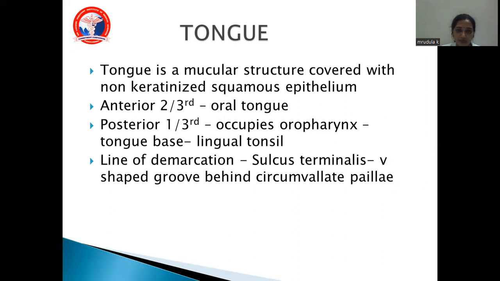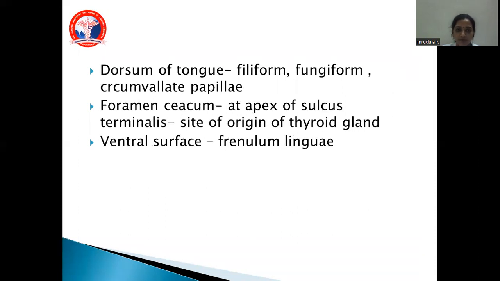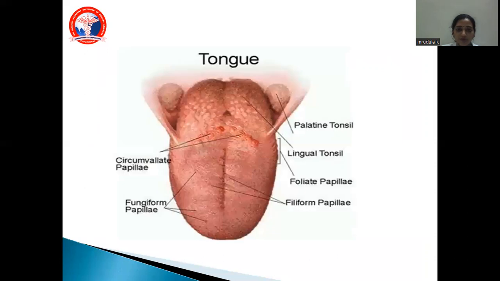There is a line of demarcation known as the sulcus terminalis, which is a V-shaped groove behind the circumvallate papillae. The dorsum of the tongue is covered by filiform, fungiform, and circumvallate papillae. There is a foramen cecum at the apex of the sulcus terminalis, which is the site of origin of the thyroid gland, and on the ventral surface there is a frenulum linguae.